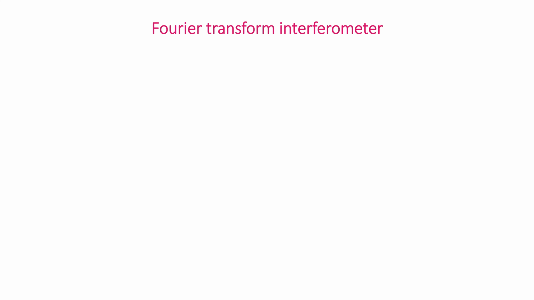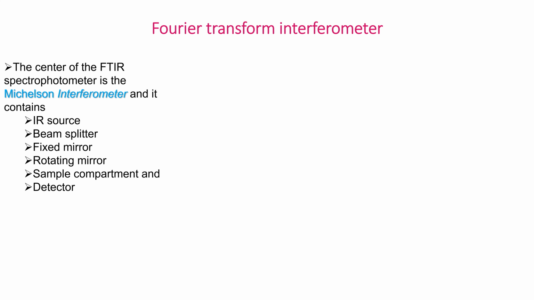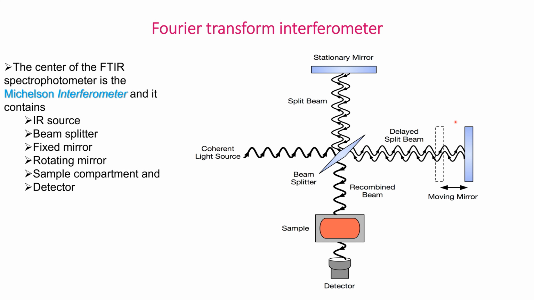Nowadays, a Fourier transform interferometer is used to get the IR spectrum. It contains a Michelson interferometer. The Michelson interferometer contains an IR source, beam splitter, fixed mirror, rotating mirror, sample compartment, and detector.